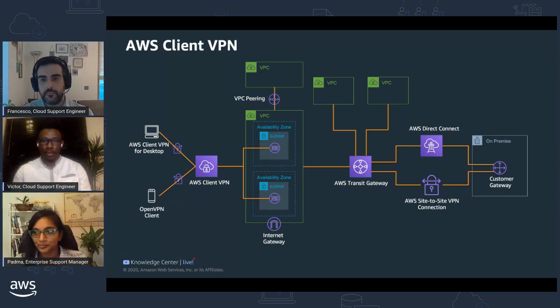Okay. Thanks, Francesco. So the thing with Client VPN is that when you create your Client VPN, it's going to automatically create network interfaces in your VPC. And so, just the same way you control traffic from any network interface in your VPC, you would make use of things like security groups that you associate to those network interfaces.